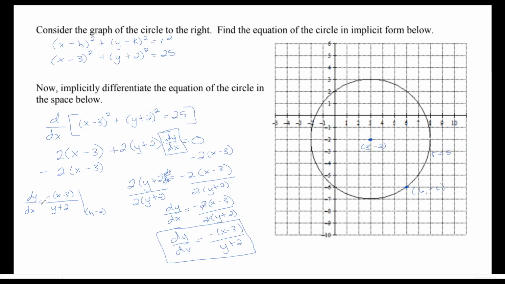So I can no longer just sub in x, I need to know what the corresponding y value is. So I'm going to sub that in, put it down here so I have some space, and I get negative 6 subtract 3 over negative 6 plus 2. So I have a negative 3 over a negative 4, which is a positive 3/4, which matches very well with what I seem to have here for the slope of that line.